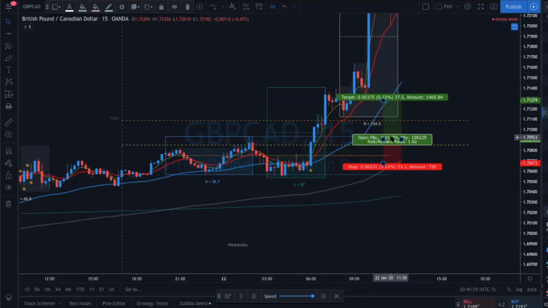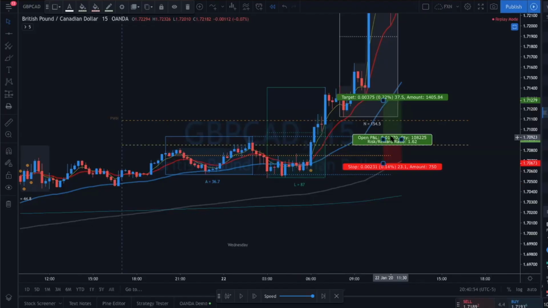The NZD pairs are always the highest ones. Euro NZD right now is at 3.2. But typically the pound NZD is always the highest one, followed by Euro NZD, then pound AUD, and then Euro AUD.